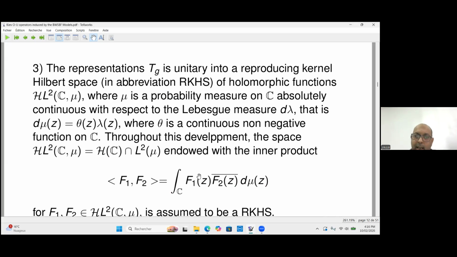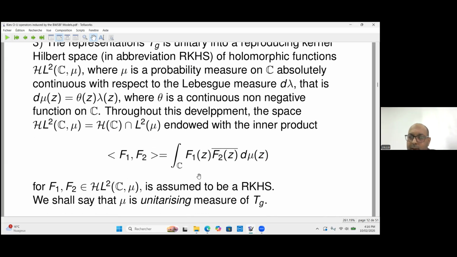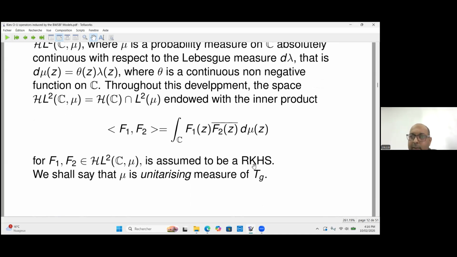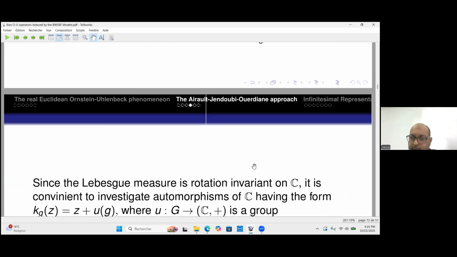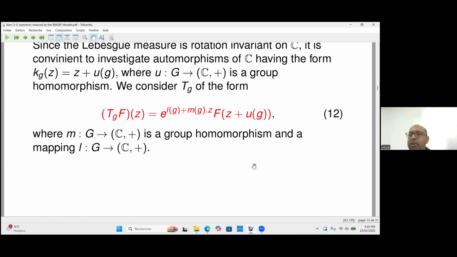And our scalar product is given by the integral of the product F1 times F2 bar d mu. Here we have some measure, and we want to take a special case of representation.